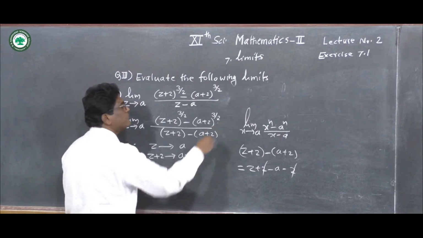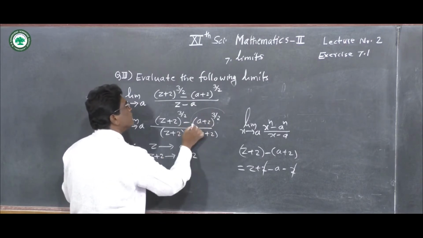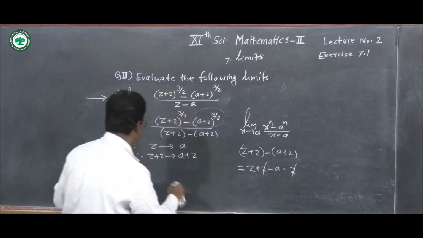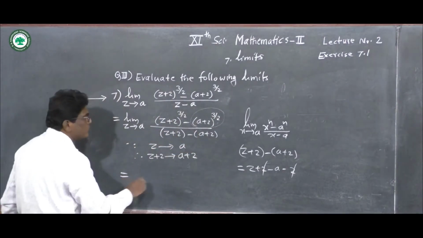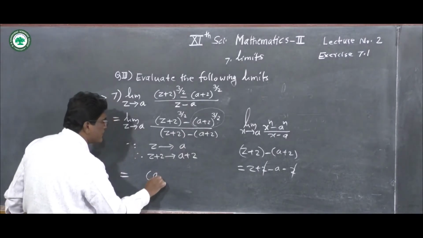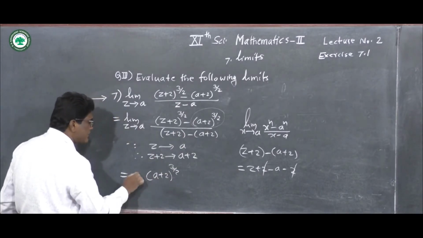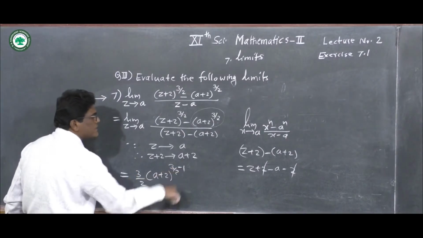Therefore we use that formula. We write from this term the formula as a plus 2 to the power 3 by 2, take the power 3 by 2 and minus 1.